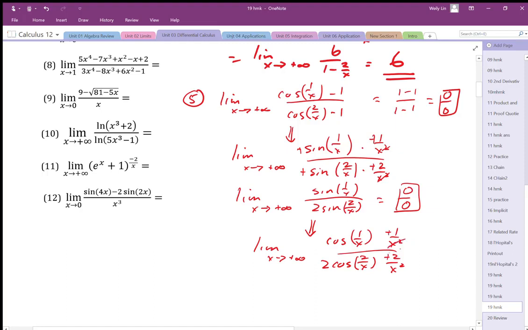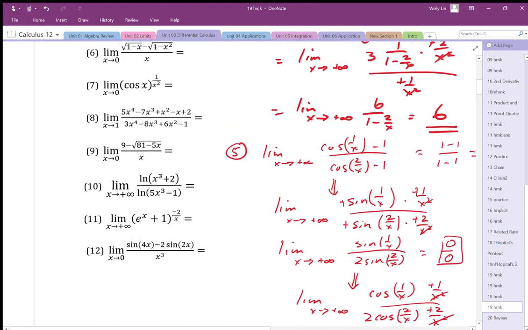The negatives cancel, x squareds cancel, so I end up with the limit as x goes to positive infinity of cosine 1 over x over cosine 2 over x. As x goes to infinity, cosine of 0 is 1. Cosine of 0 is 1 in the denominator as well. There is my limit.